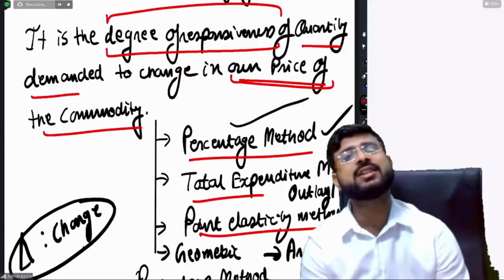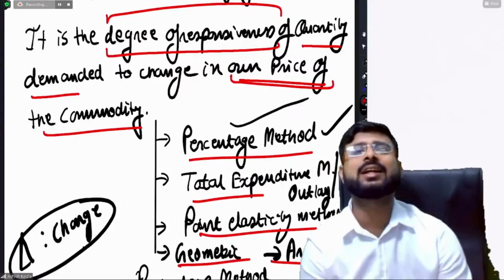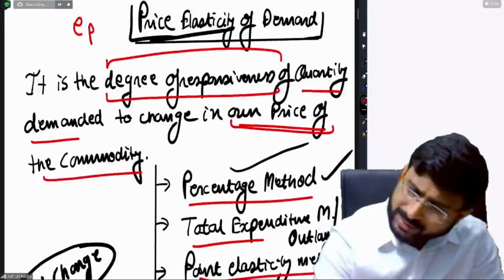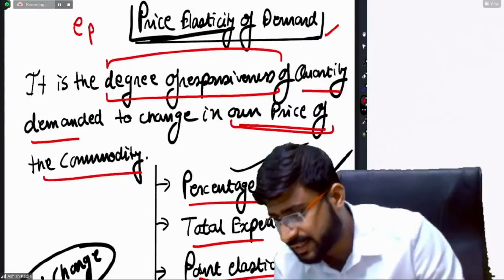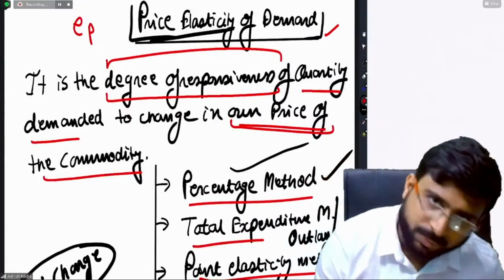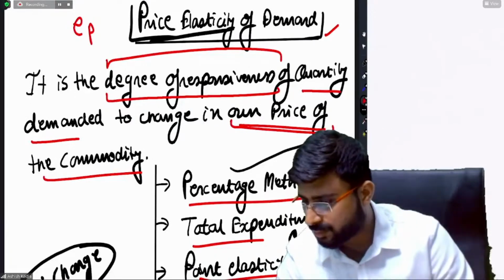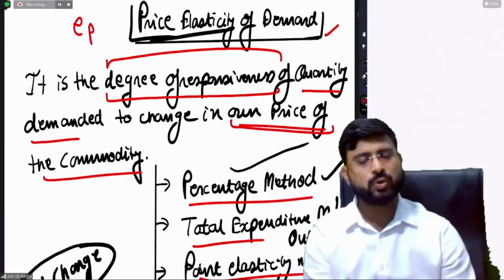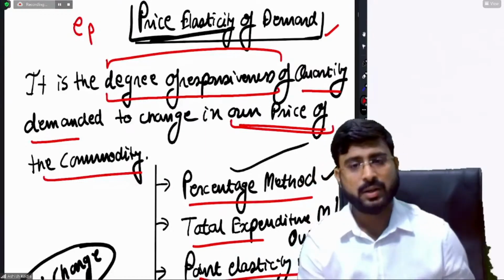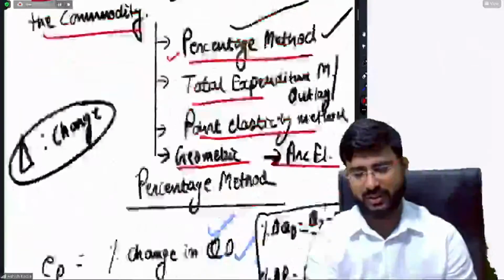Then we have the point elasticity method, geometric method, arc elasticity method. Sir, do all the methods calculate price elasticity only? Yes. All the methods calculate price elasticity only. Very good. Percentage method is one of those methods.